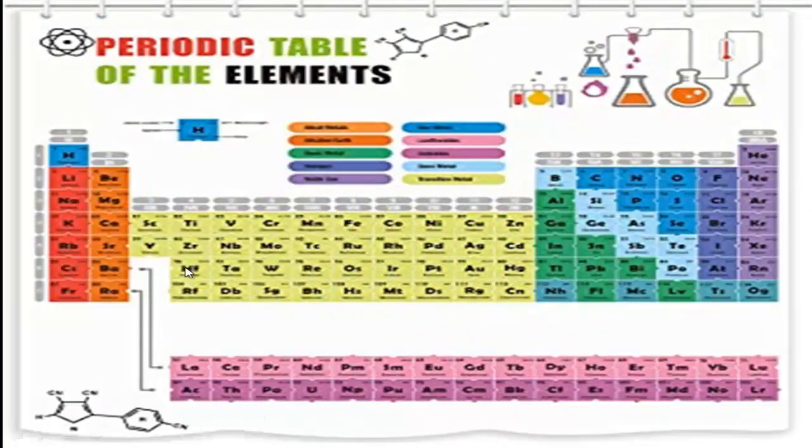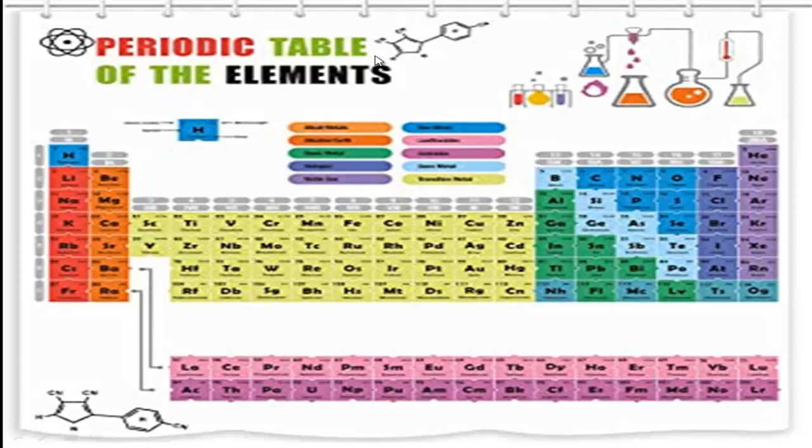At first, follow this picture. This is the picture of the periodic table of the elements. Periodic table is actually a systematic arrangement of all elements in a table. Here, total 118 elements are arranged systematically, and this table is known as periodic table.